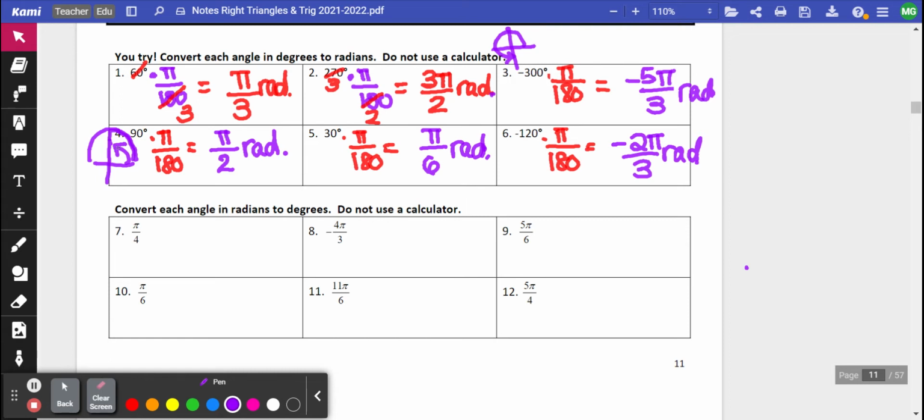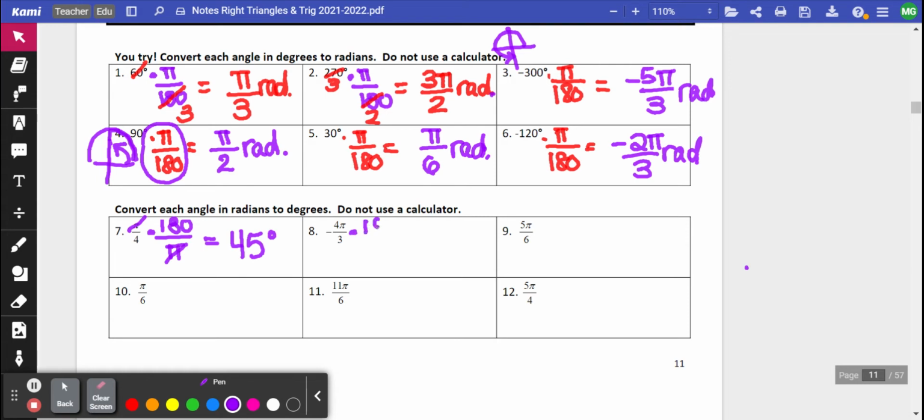Okay, so let's go ahead and convert now the other way. So if I give you the radian measure and I ask you to convert to degrees, you're essentially going to multiply by the reciprocal of what we just did. So we will be multiplying by 180 over pi. And of course, the pi's cancel out. 180 divided by 4 is 45 degrees.